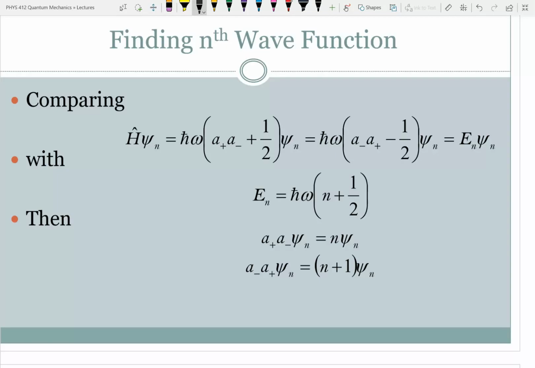So that means that this thing here is going to have to give me n plus 1/2, which means that A plus A minus had better equal n. And this here, because it has a minus 1/2, then A minus A plus had better be one higher than that.